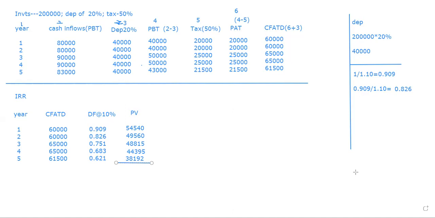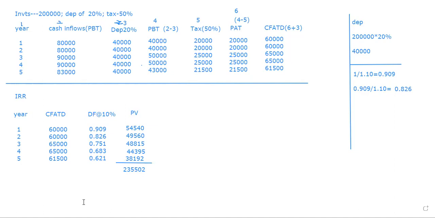So my answer is equal to 2,35,502. Yeah, it's a big amount, so it is a positive amount also. 2,35,502 is the answer I got. So it is somewhere 35,000 above my value.